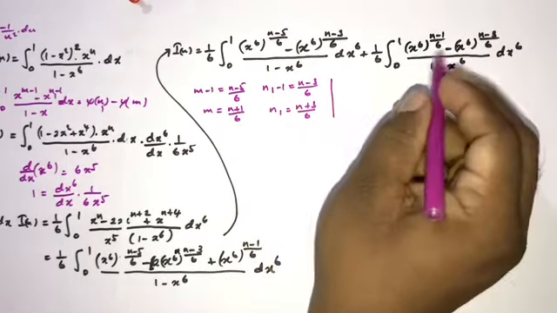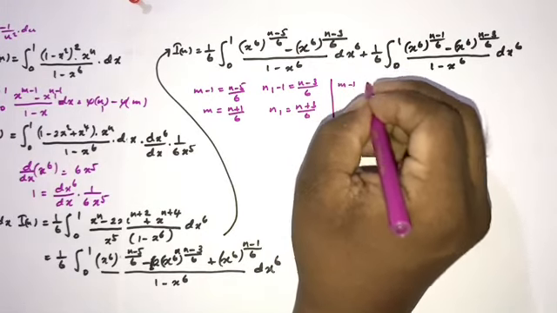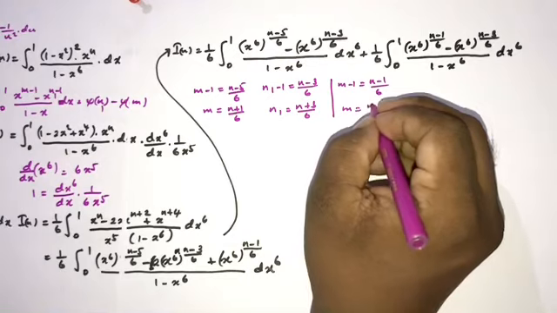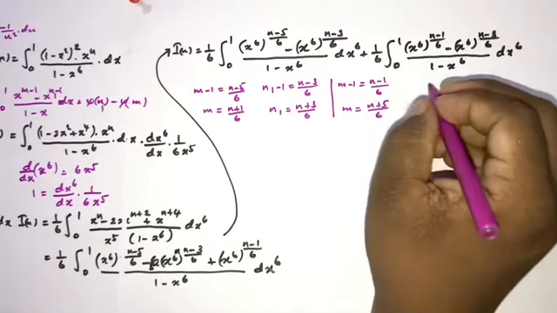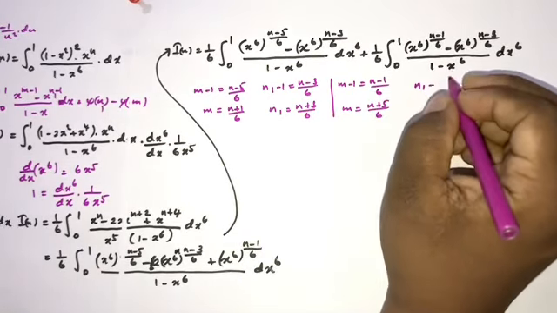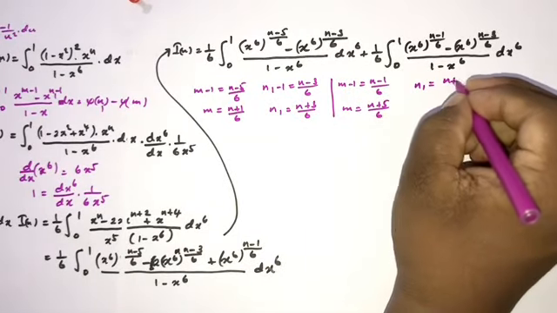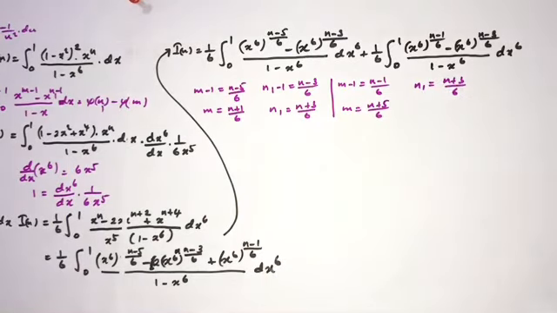And for this integral we know m minus 1 is equal to n minus 1 over 6, so m is equal to n plus 5 over 6, and n1 is the same, so n1 is equal to n plus 3 over 6.